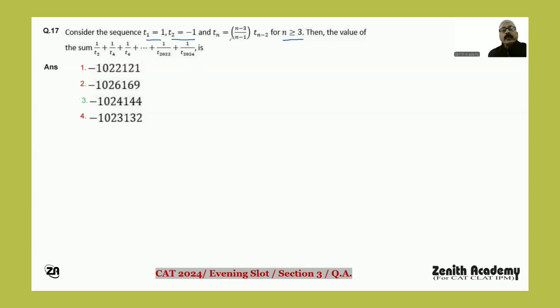Okay. Look here. Here the series is 1 upon T2, 1 upon T4, 1 upon T6, and it goes till 1 upon T2024. So it is starting with 2, 4, 6.